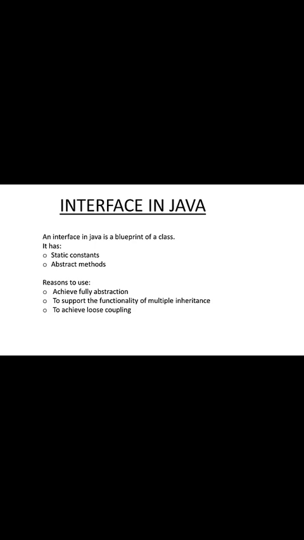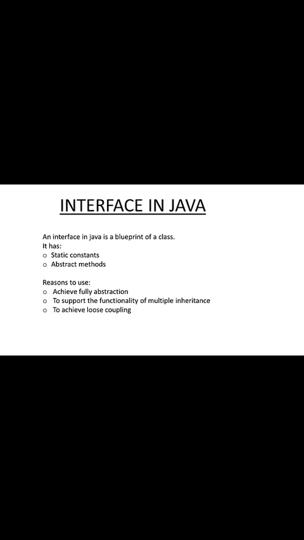An interface is written in a file with a .java extension with the name of the interface matching the name of the file. The bytecode of an interface appears in a .class file. Interfaces appear in packages and their corresponding bytecode file must be in a directory structure that matches the package name.